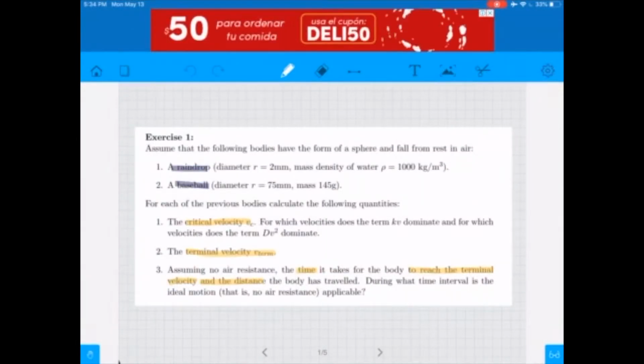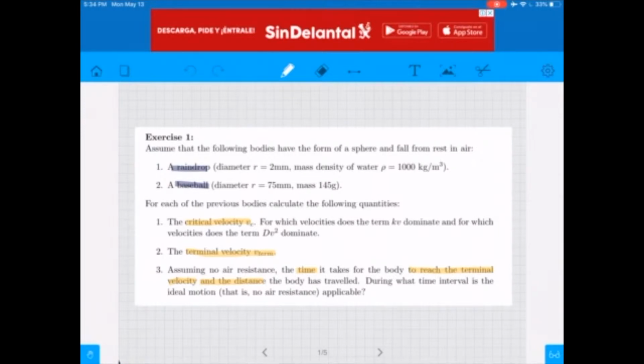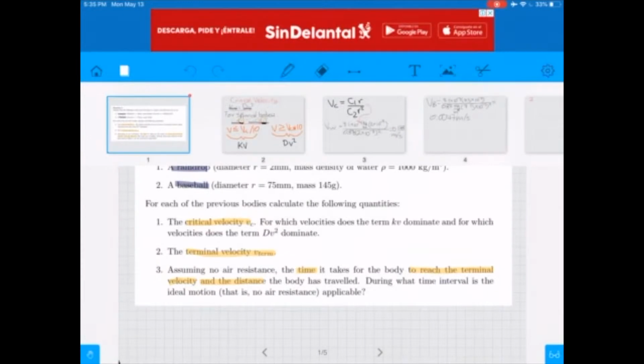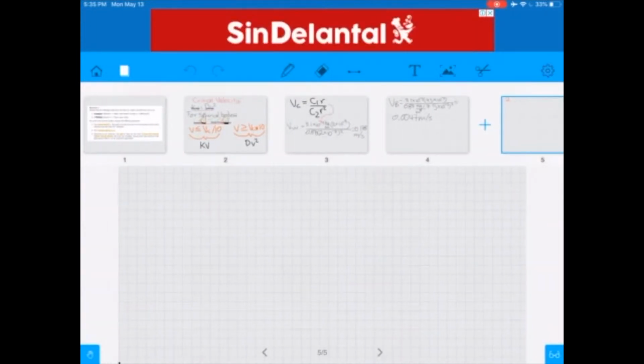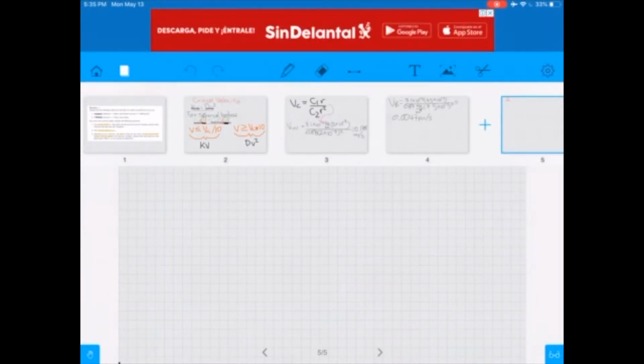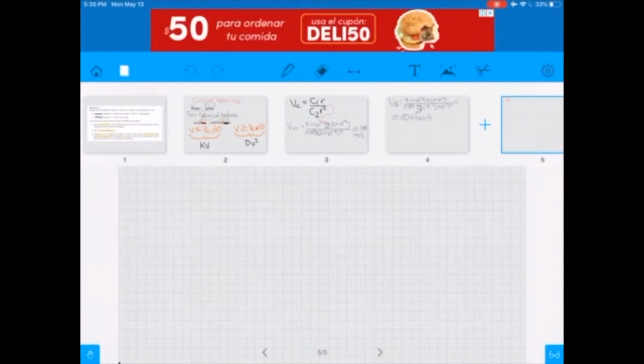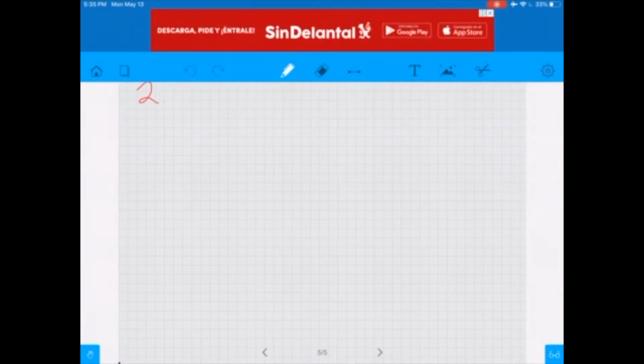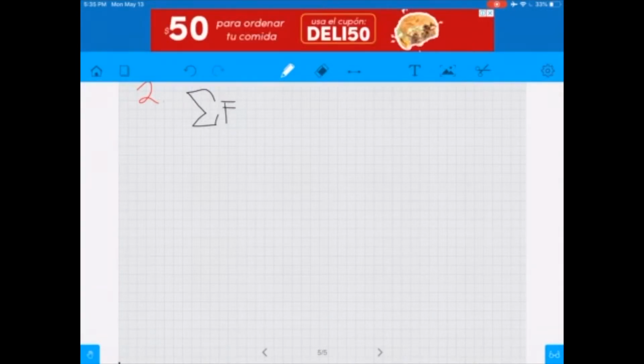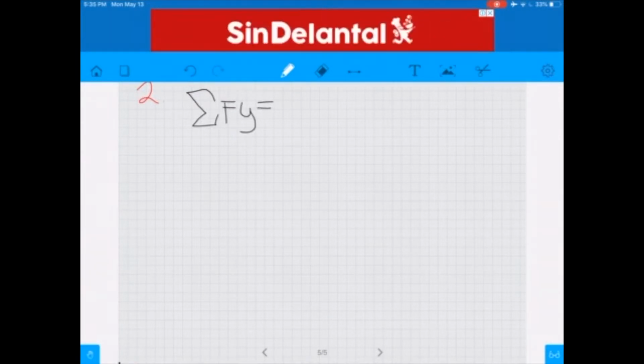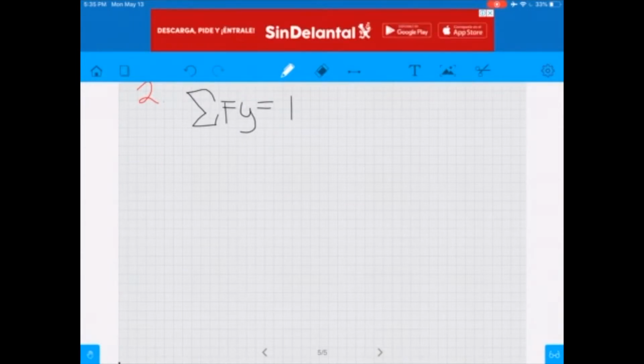So now that we've finished the first part, it's time to find the terminal velocity for both objects. So if we want to find out the terminal velocity, it's important to understand that the sum of forces along the y-axis, okay, we have our drag term minus the gravity force.